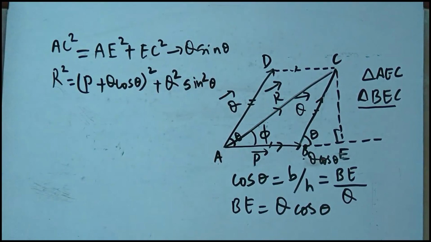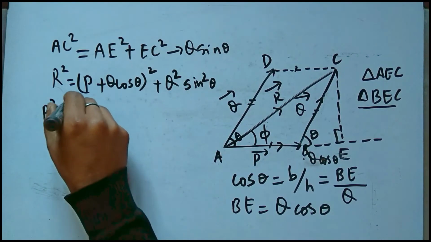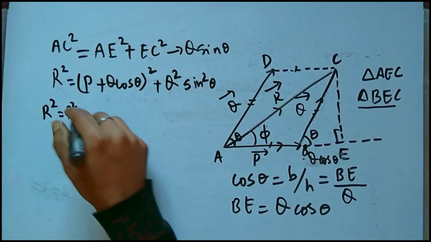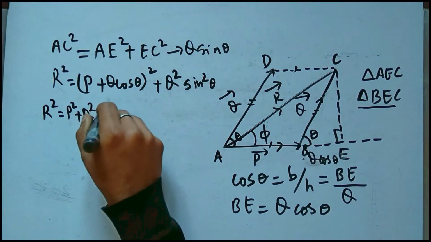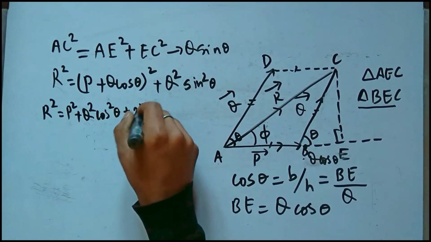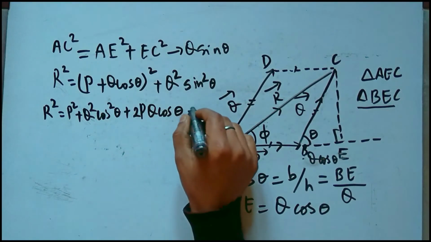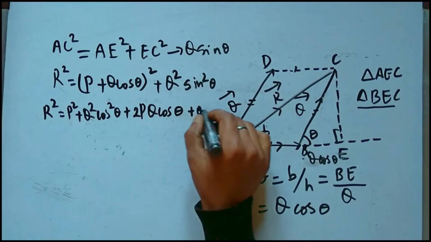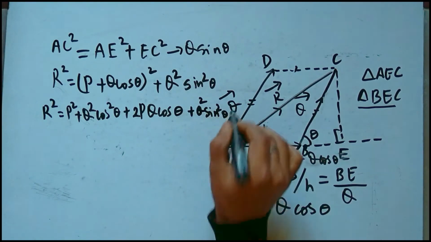So R square is equal to P square plus, if we square these terms, Q square cos square theta plus 2PQ cos theta plus Q square sine square theta.